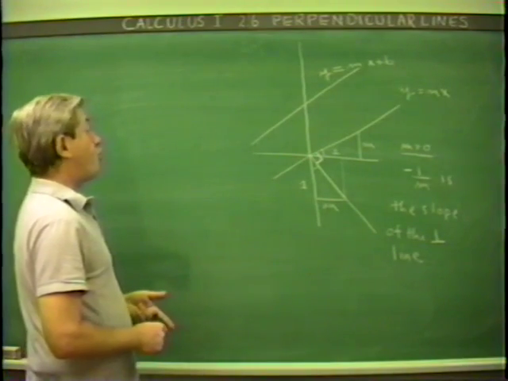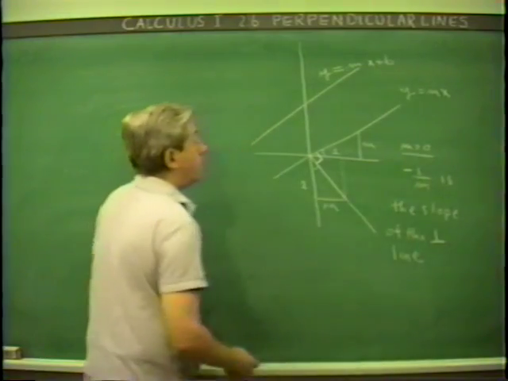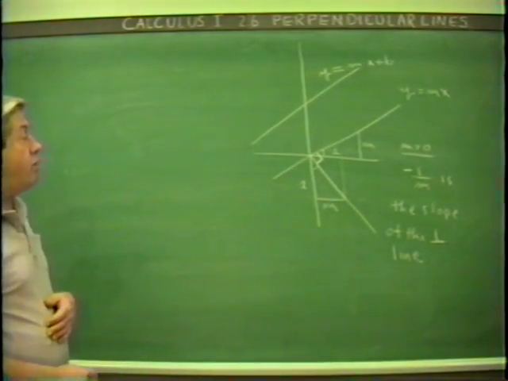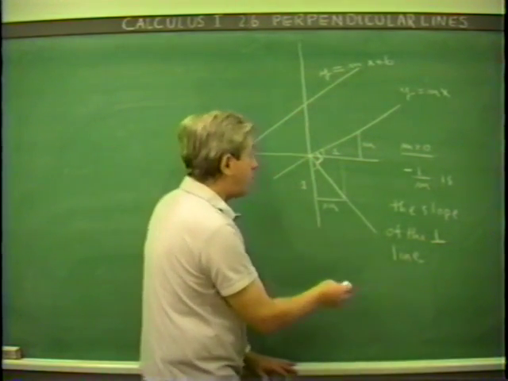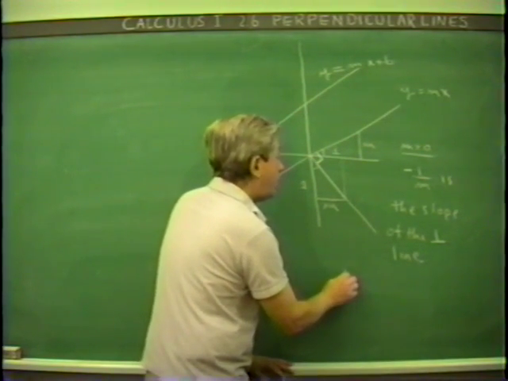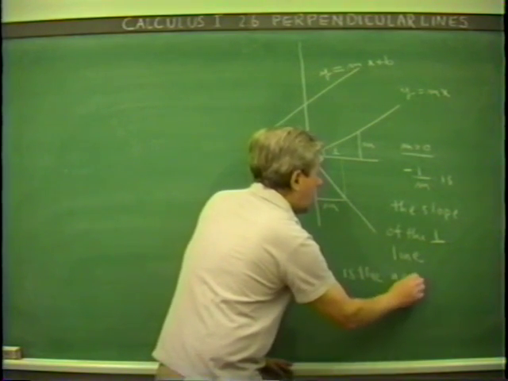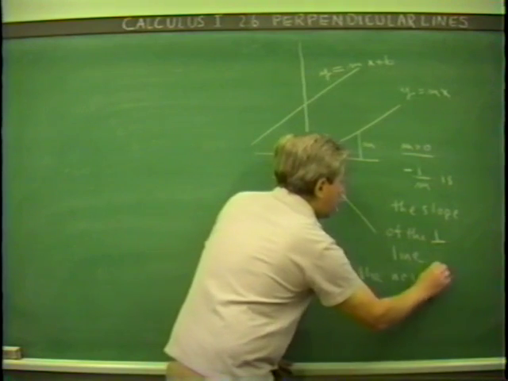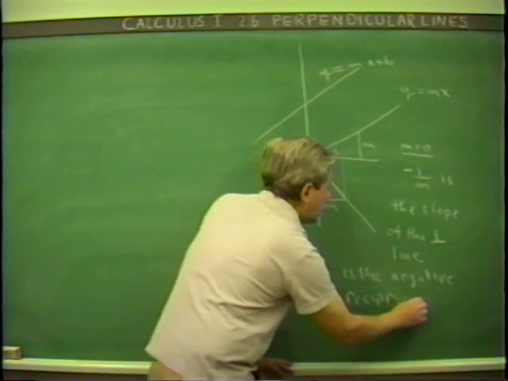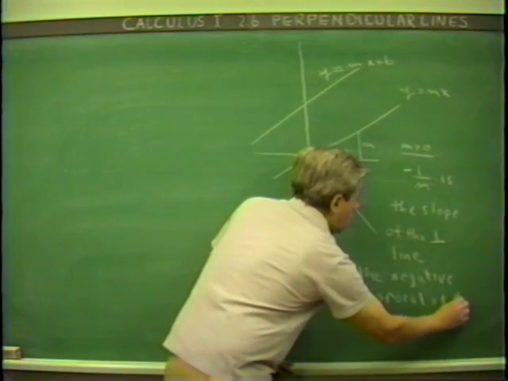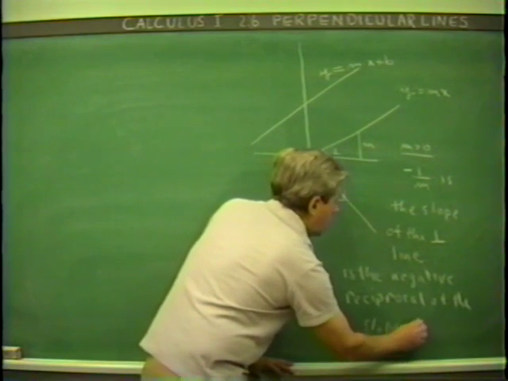If m is less than 0, though, the same quantity, minus 1 over m, is going to be the slope of the perpendicular line. And so one usually remembers something that goes like this: the slope of a perpendicular line is the negative reciprocal of the slope of the line.